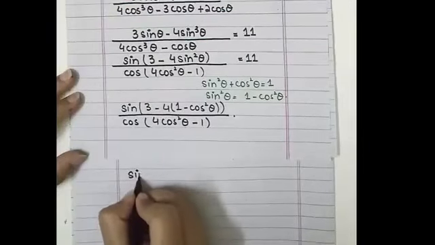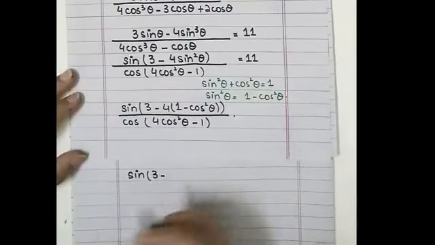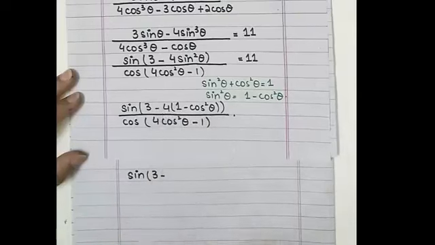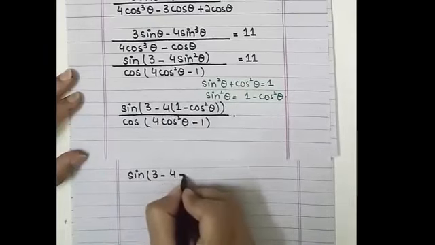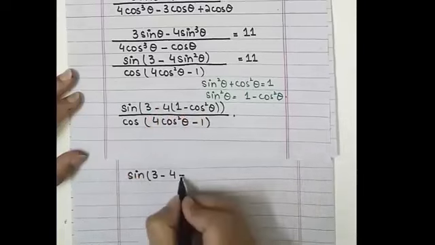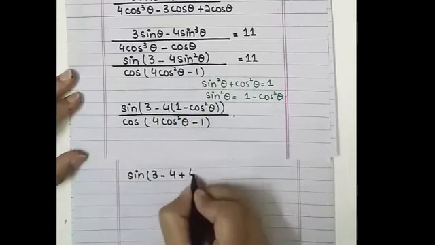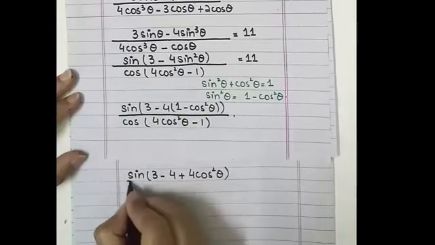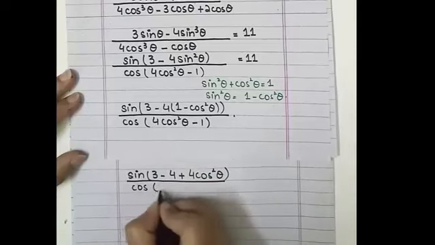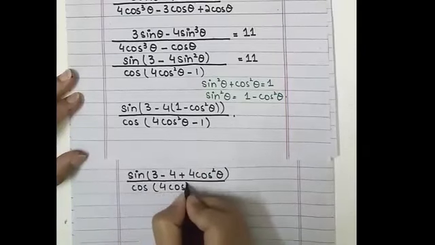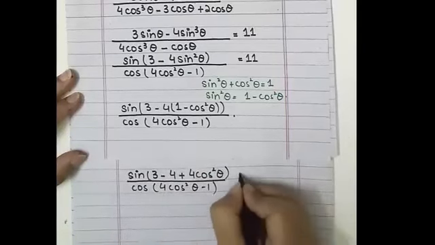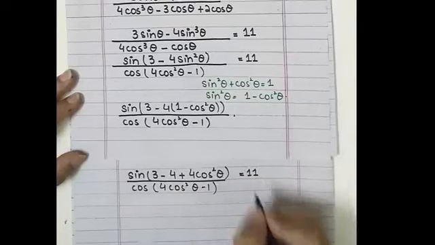Now multiplying 4 inside the bracket, we have 3 minus 4 plus 4 cos square theta divided by cos theta times 4 cos square theta minus 1, and this is equal to 11.